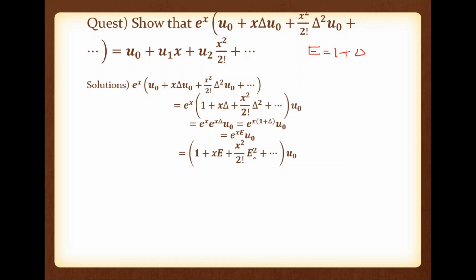Now multiply u0 with all these terms. So we have u0 plus x e u0, that is x into u1, plus x square by 2 factorial into e square u0, that is u2, plus etc. So we have the final answer. So we have the right hand side.